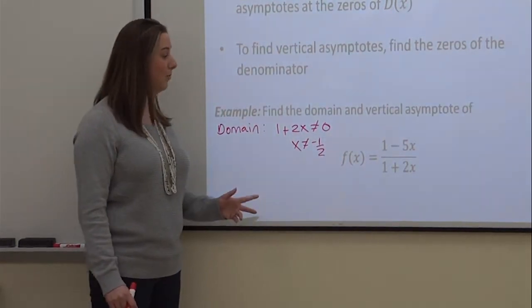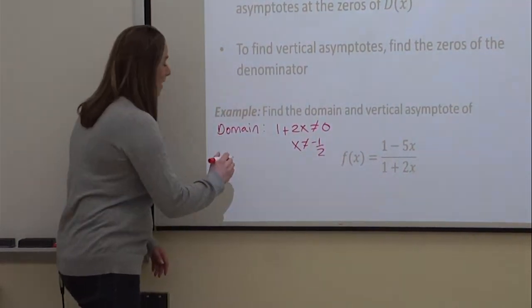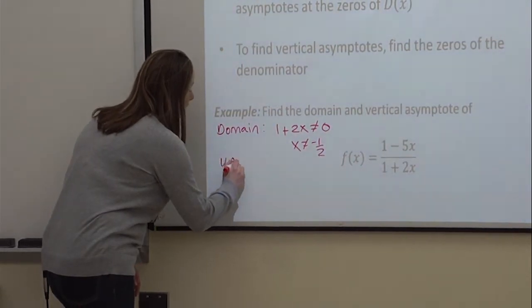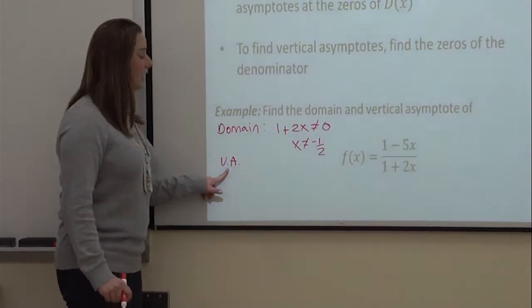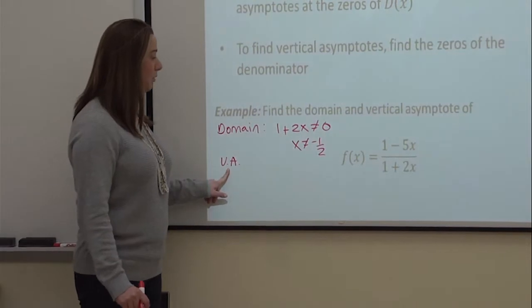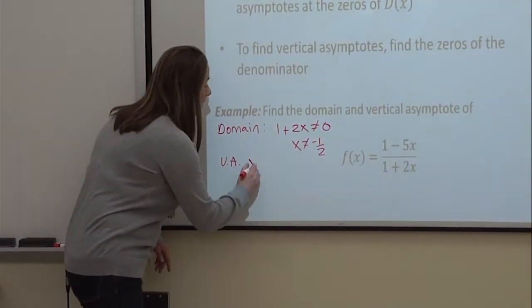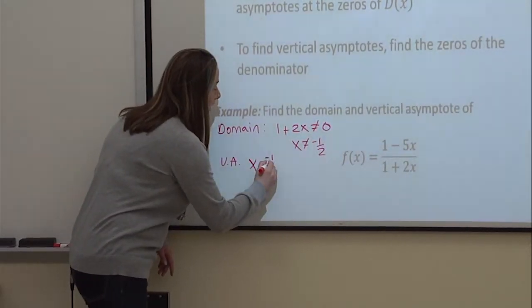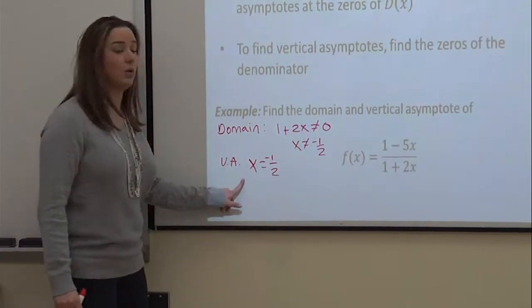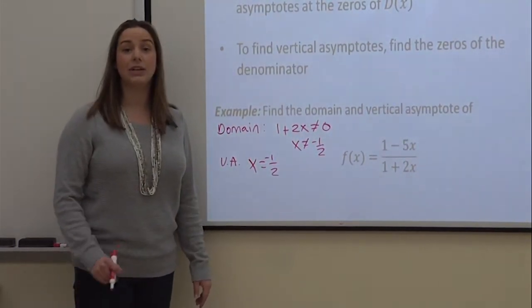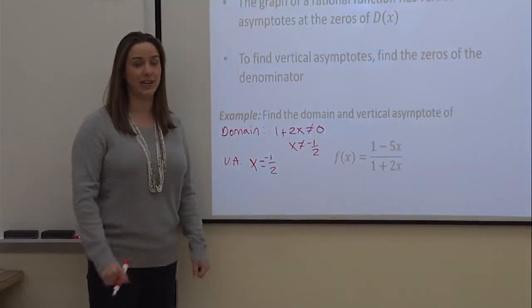This is my domain restriction. My vertical asymptote, often abbreviated as V.A., is going to be the equation x equals negative a half. This is where I'm going to have a vertical asymptote, and we're going to see what this means when we actually start to sketch this.